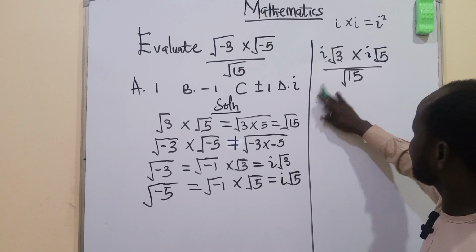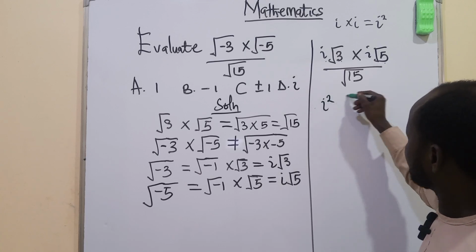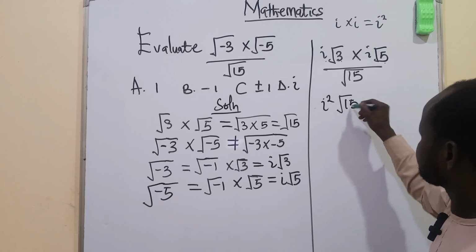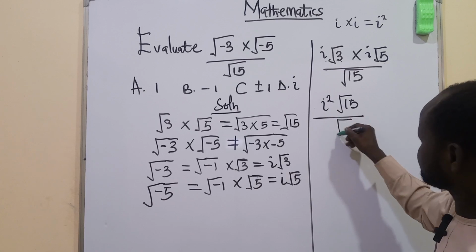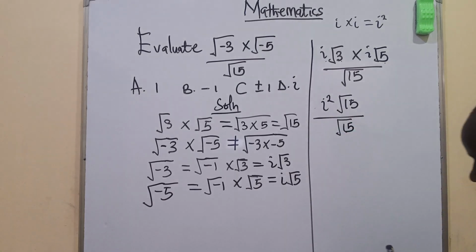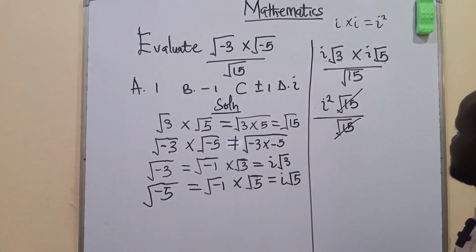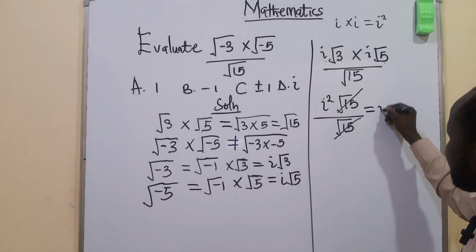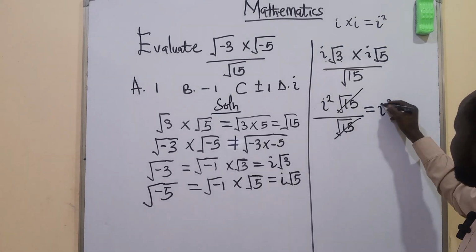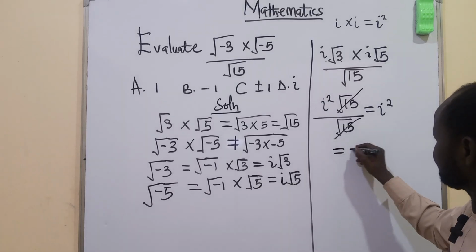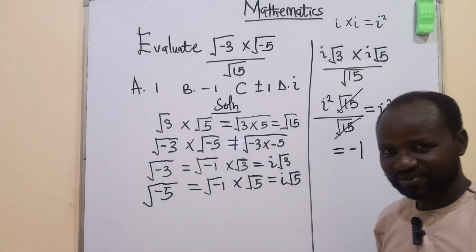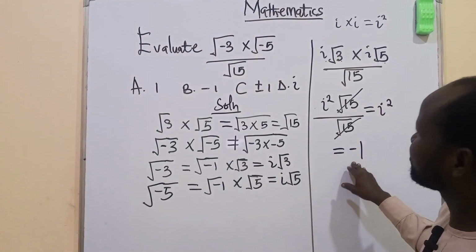So we have i squared multiplied by root 15 divided by root 15. At this point, we can divide root 15 by root 15, that will be 1. We are left with i squared. i squared is the same thing as minus 1. So the solution to this question is minus 1.